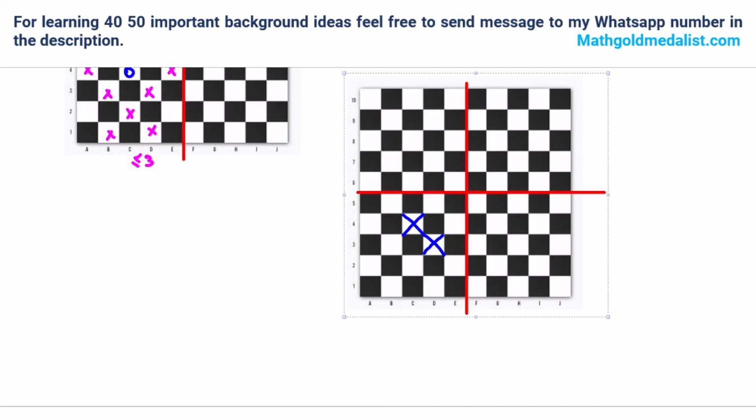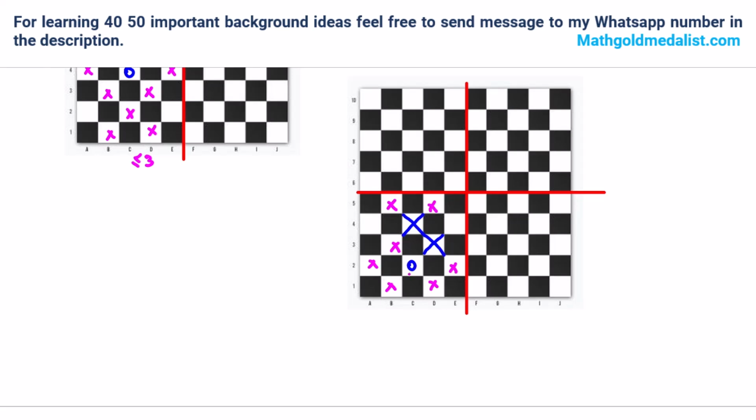If we have, for example, one cell here or one cell here, do you agree that we can remove this, this, this, this, this one, and this one?